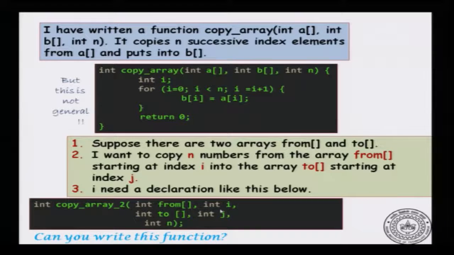So, what I have to do is from[i], from[i plus 1], and so on up to from[i plus n minus 1] have to be copied to to[j], to[j plus 1], and so on up to to[j plus n minus 1]. For the purposes of this lecture, let us just assume that from and to are big enough, so that you will never overshoot the arrays by taking i plus n minus 1 and j plus n minus 1. Can you write this function?